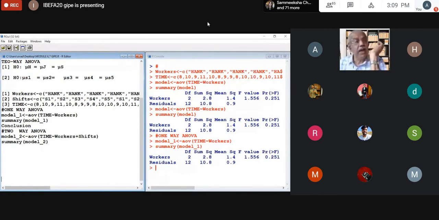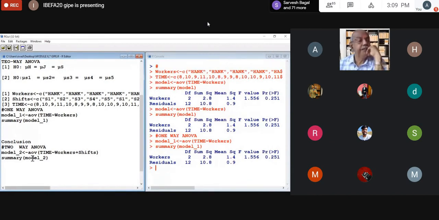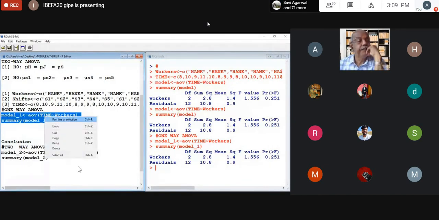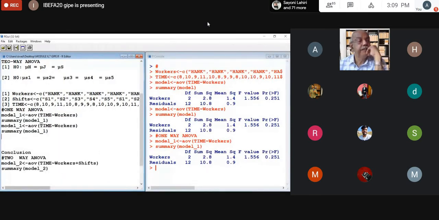Suppose shift-wise I have to do, then again I can repeat the same work. I denote it model 2. Time versus shifts.